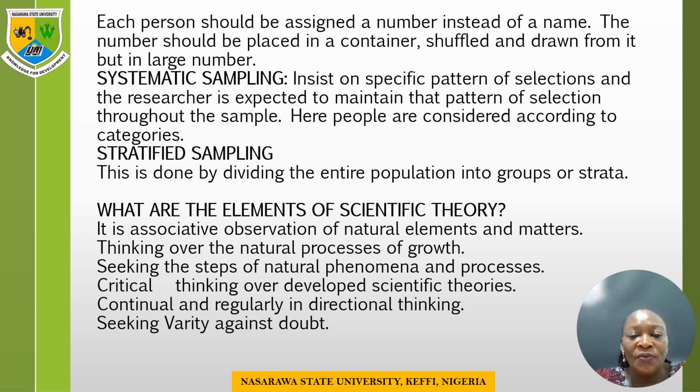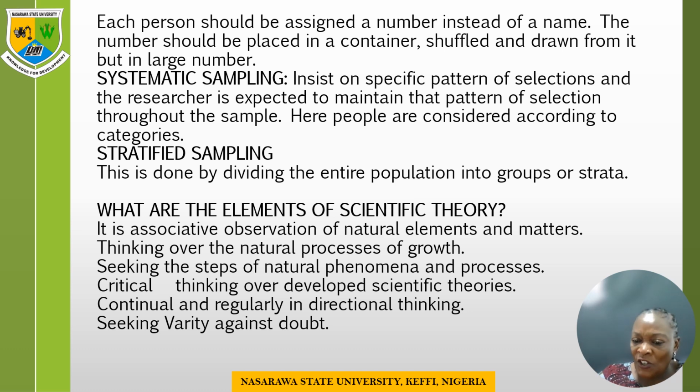It is associated with observation of natural elements and matters, thinking over the natural processes of growth, how the growth came about, the processes in which it starts, seeking the steps of natural phenomena and processes, critical thinking over developed scientific theories, continual and regularly in directional thinking, seeking variety against doubt.